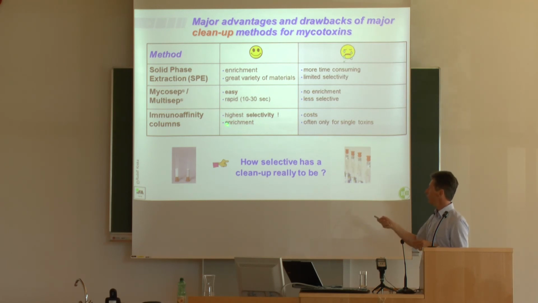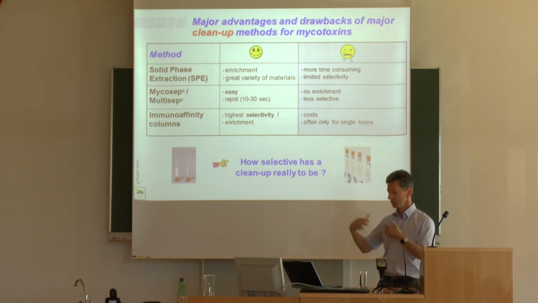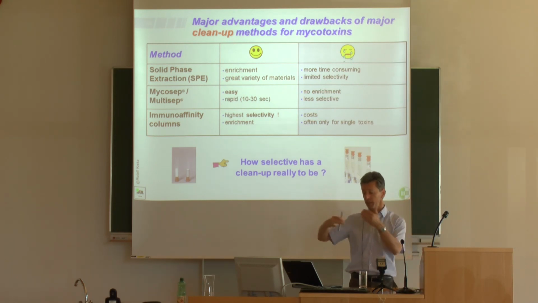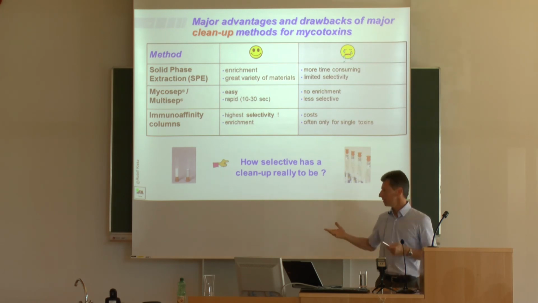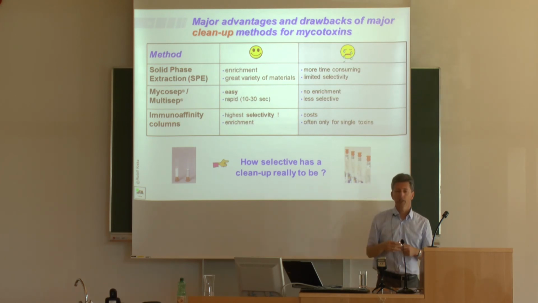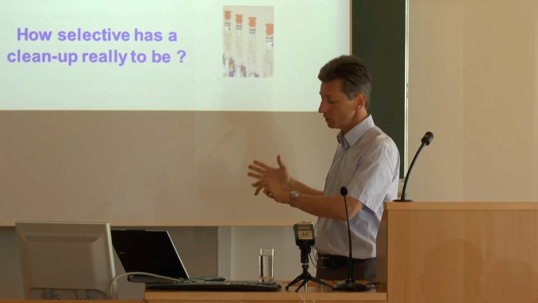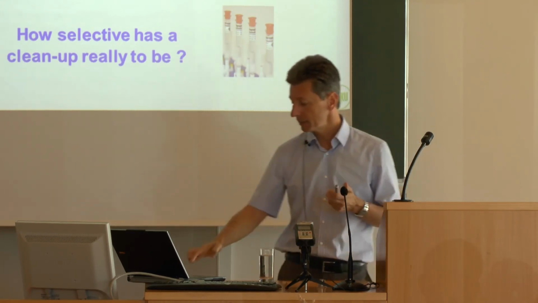We have an enrichment of the mycotoxin of interest, however, high costs and often only for single toxins on the market, but that is gradually changing, though then again the costs rise. The question we have to ask ourselves nowadays, particularly in view of LC-MS technologies, is how selective a cleanup really has to be.